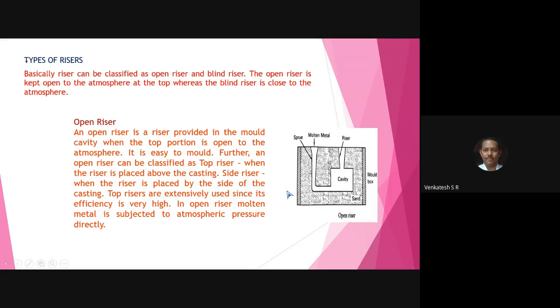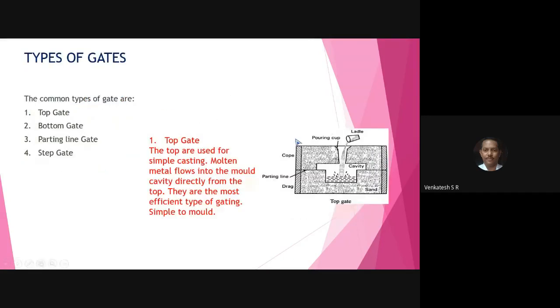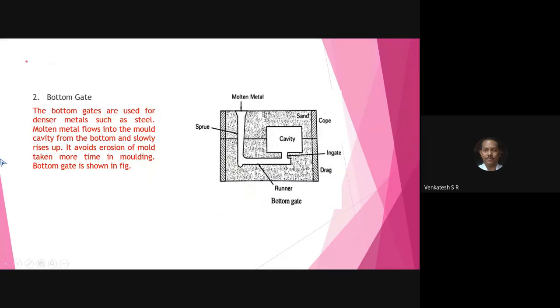Next, come to the point. Before that, all of you, please write down a rough sketch of top gate. Otherwise, all of you take the screenshot. Next, number 2, bottom gate.